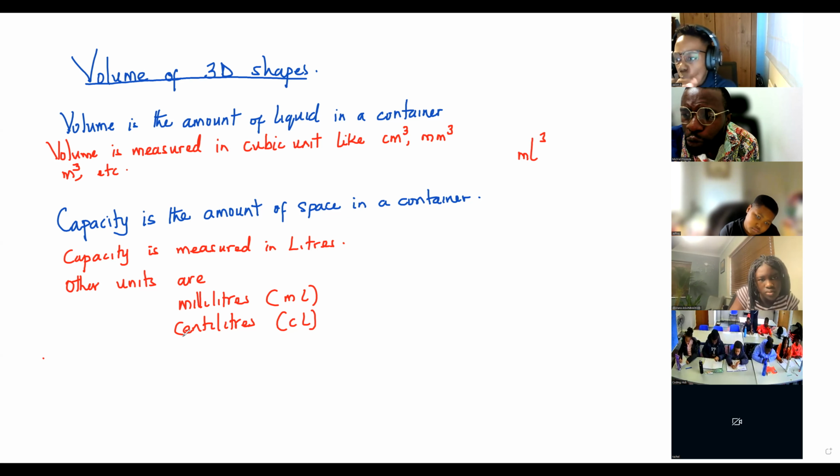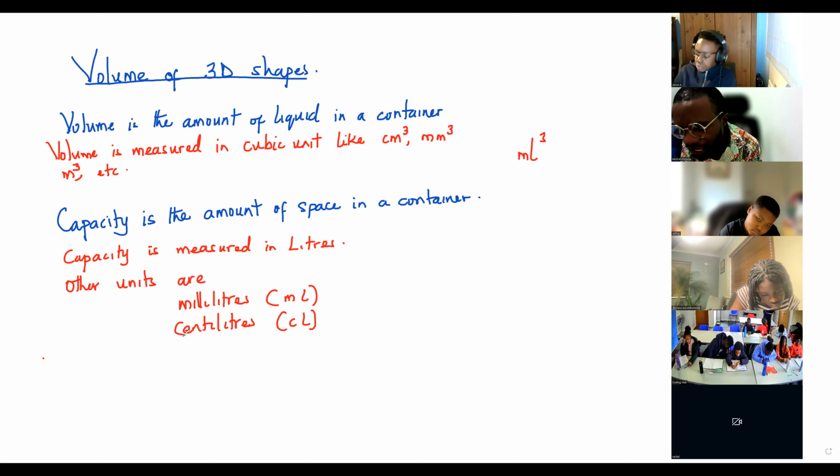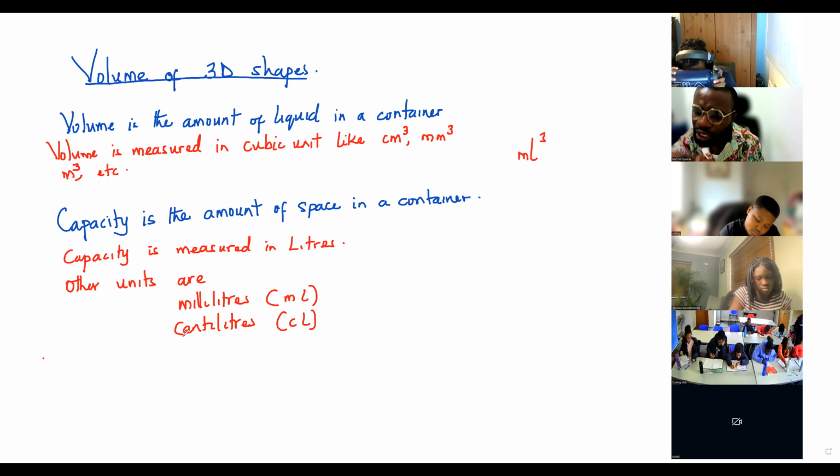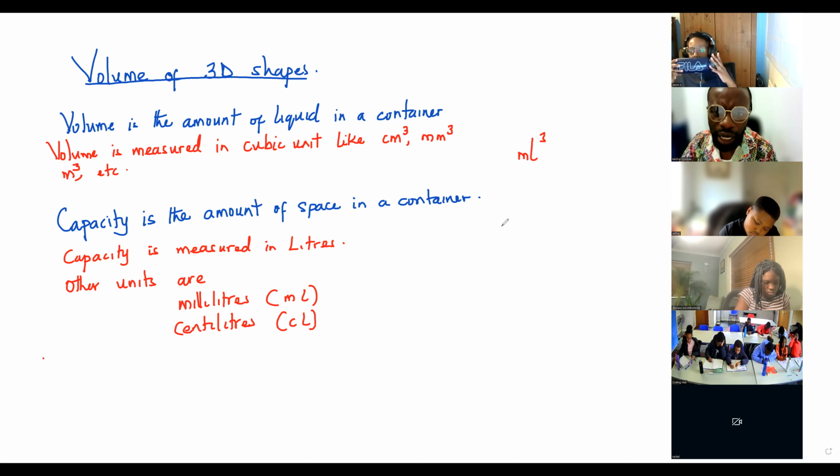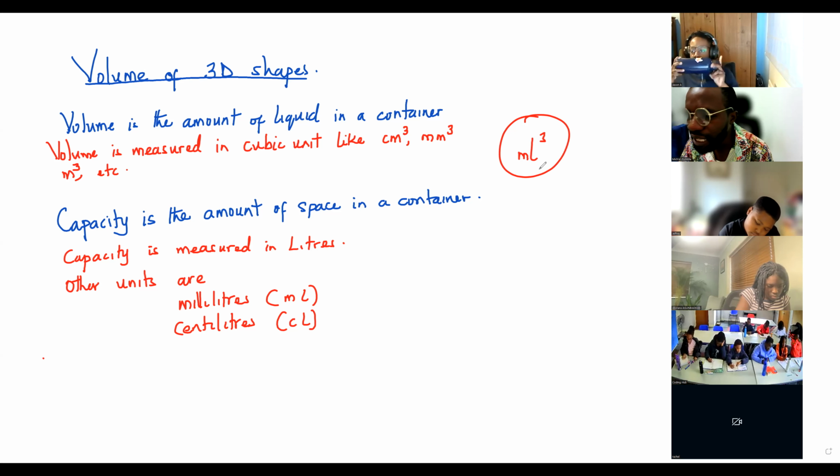But when you put water in it, the volume depends on the water in it. You can put 1 cm cube of water in the container. If the space is available, it will contain it. You can put 20 cm cube. But you cannot say milliliter cube. That is incorrect.